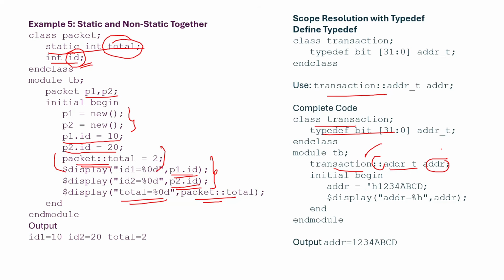Suppose you are creating the address here, A1, A2, A3, then I can assign different values like this. A1 equal to 16'hAB, then 16'hDEAD, and then A3 equal to 16'hDEADBABA. In this way I can assign the addresses to the type.